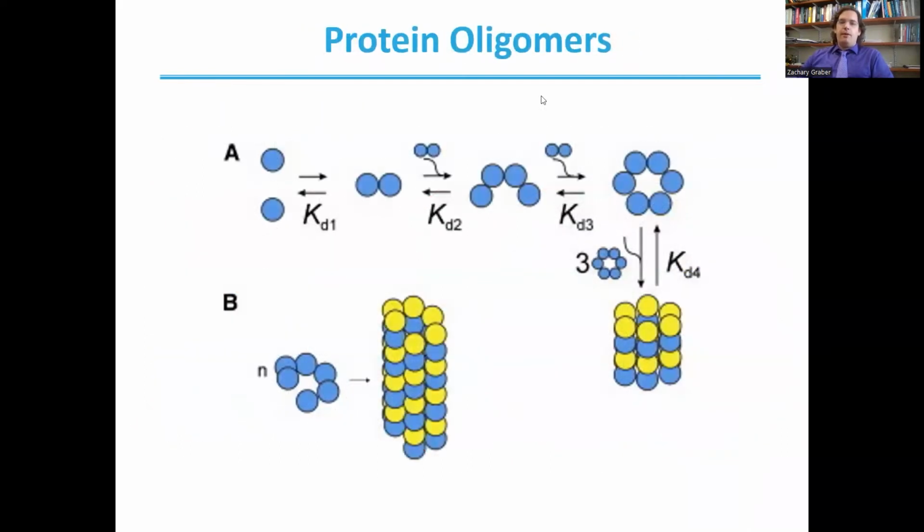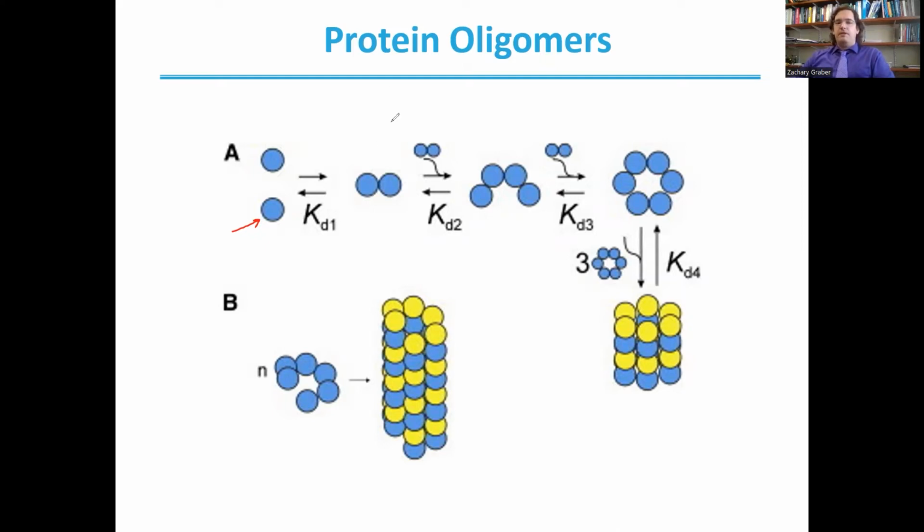Now, there are a wide variety of different ways that we can combine together our proteins to create different oligomers or multimers. So here we have a protein represented by this blue ball. If we combine 2 proteins together, we now have our quaternary structure that's an oligomer of that specific protein.